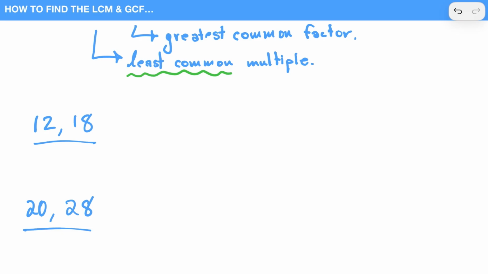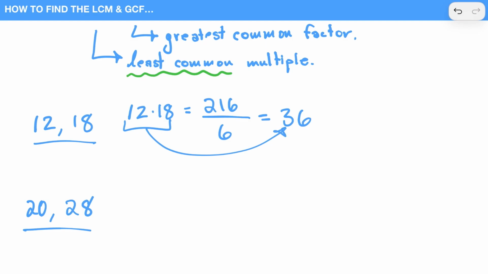If I do 12 times 18, that is 180 plus 36, which is 216, divided by the greatest common factor of 12 and 18, which is 6. 216 divided by 6 is 36. So the least common multiple of 12 and 18 is 36.